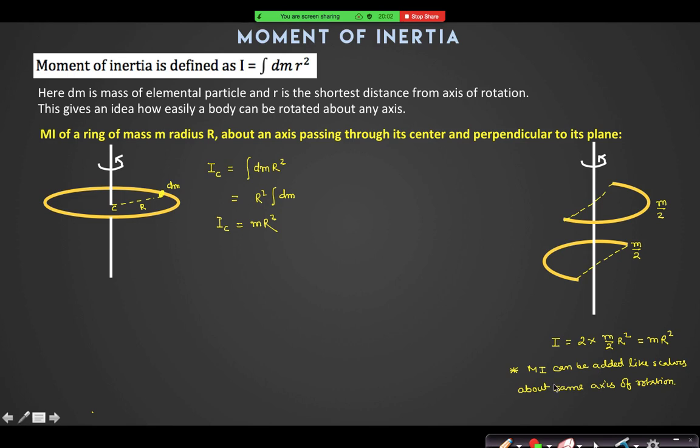Although I have written that it can be added like scalars, remember moment of inertia is not a scalar. I is a tensor quantity, right?